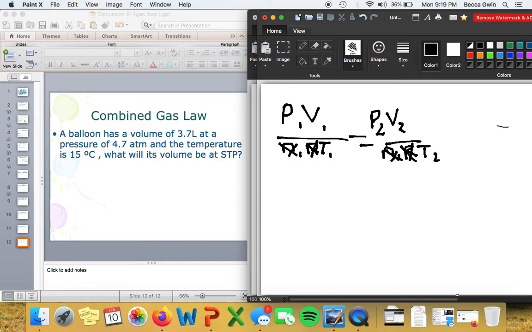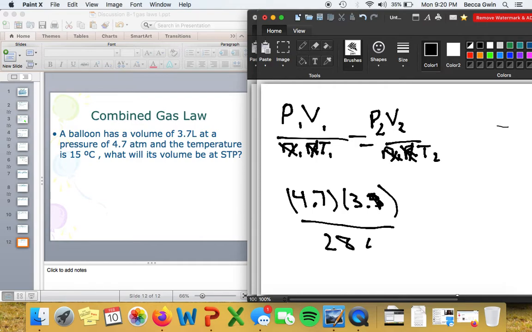So what we're looking at now is that we start with 4.7 atmospheres of pressure and 3.7 liters of gas. Sorry, that should be a 7. That is at 15 degrees Celsius, so I'm going to convert that over into Kelvin. You get 288 Kelvin. And we want to put that at STP. STP tells us that we're going to change that pressure over to 1 atmosphere.